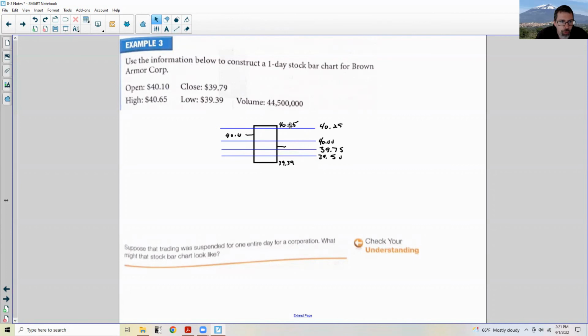Like so, 40.65 was the high, 40.10 was the open. I'm sorry, close 39.79 is a little bit more than 39.75, which is right here. Okay, so I think that looks about right like that.